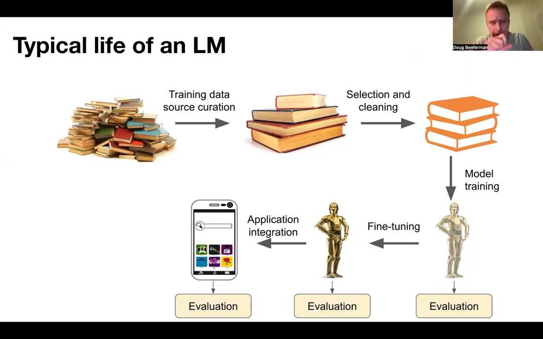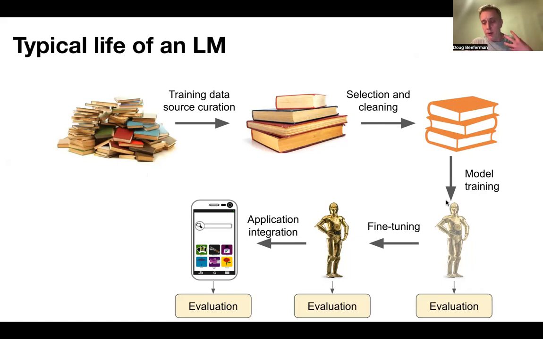But in any case, you start with some large amount of training data, and then typically to build a model, you might curate that set, or select from that set in some way, and then select text from those sources, and clean the data in a certain way to throw out portions of the set that are either problematic or messy, or that you don't care about for one reason or another.